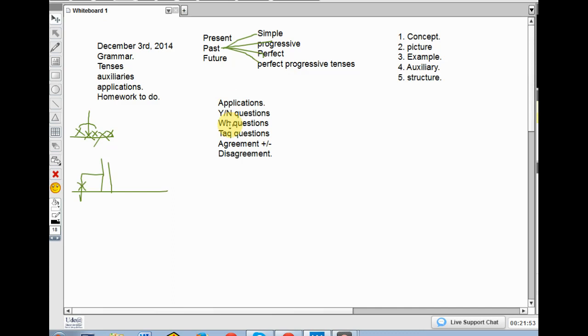So the homework that you are going to have is kind of long because it's going to be for today and for next class. I'm going to give you this class and next class that is going to be on Wednesday, so that you can do this activity. The homework that you have to do is this one.